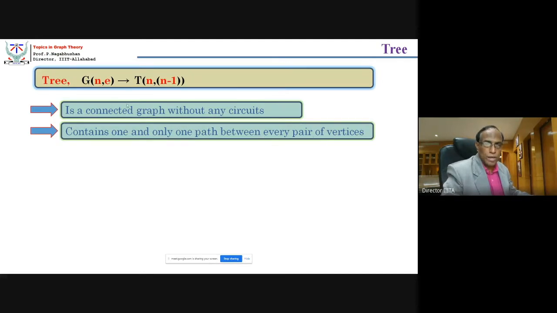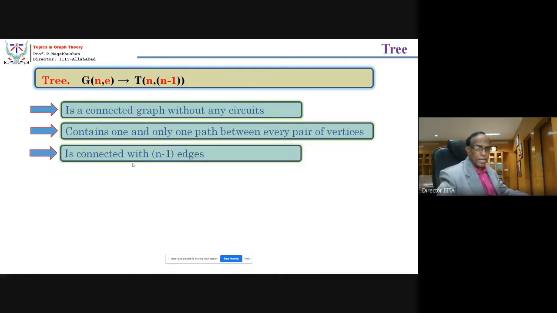In a graph there can be more than one path between a given pair of vertices, but in a tree it should be so chosen that there is one and only one path between every pair of vertices. So a tree is a connected graph with just n minus 1 edges. A tree is just connected and should have n minus 1 edges.